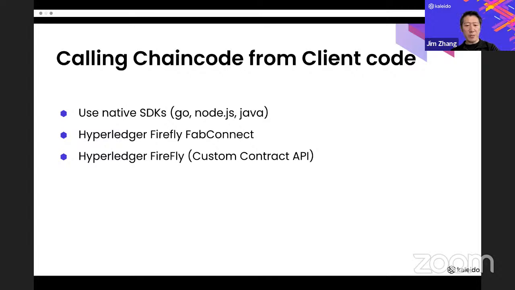We'll see both of these components in action. I'm not going to do a demo of the native SDKs because there are super nice tutorials and documentation around that. So I'm not going to go through that on this call, but I'll show you how to use Fab Connect and Firefly.